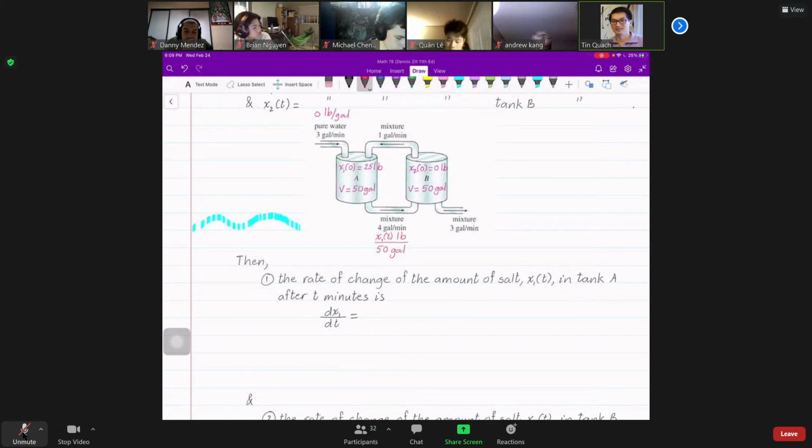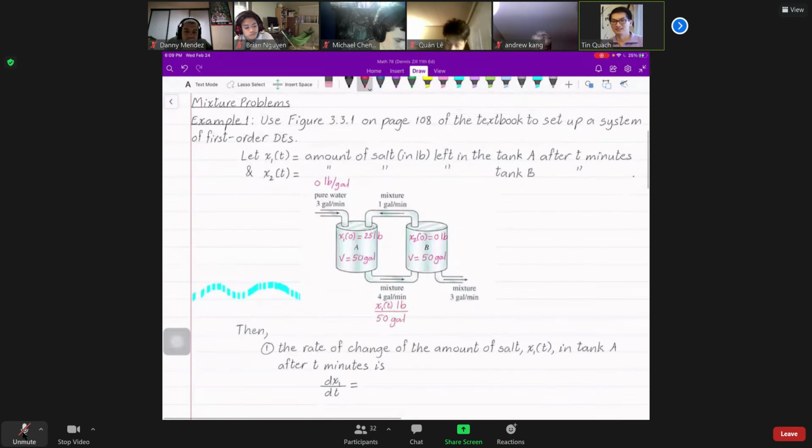Okay, now let's go to tank B. We have something coming in right here, but there are 2 outlets, one right here and one that comes out here. So it comes out here at 1 gallon per minute.